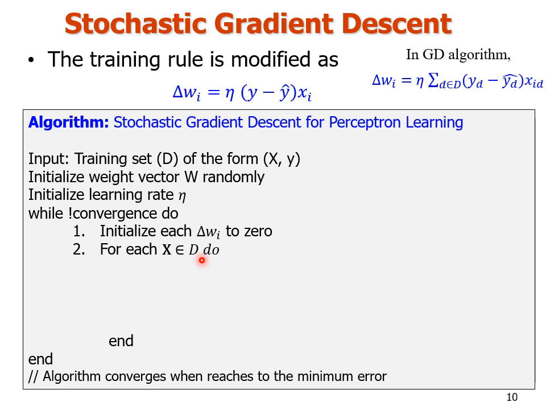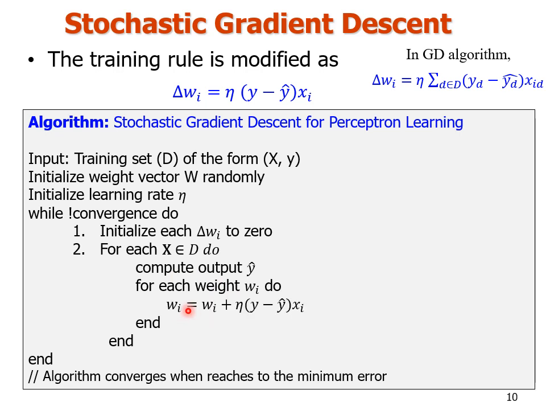For every sample X in training data set D, we once again compute the output y hat, and for each weight Wi, we directly update Wi as Wi plus eta times the error (y minus y hat) multiplied by input xi.